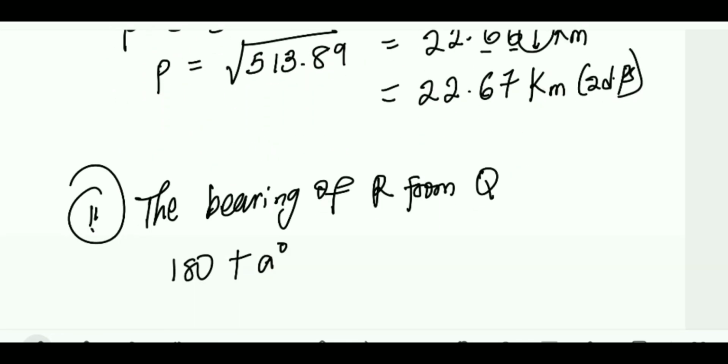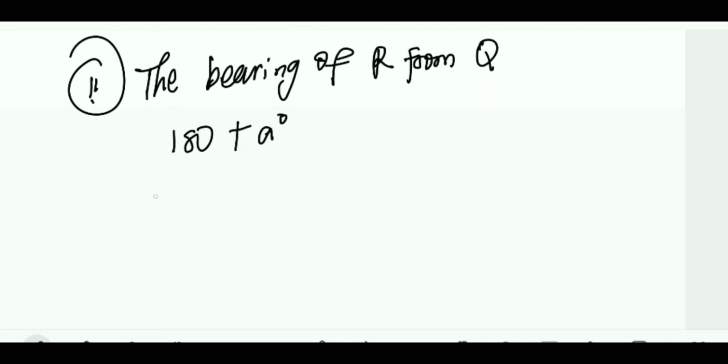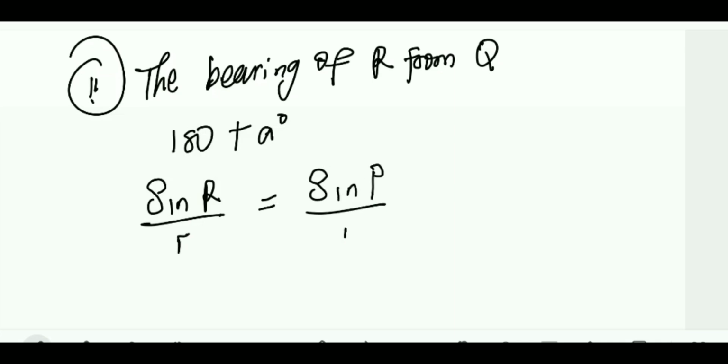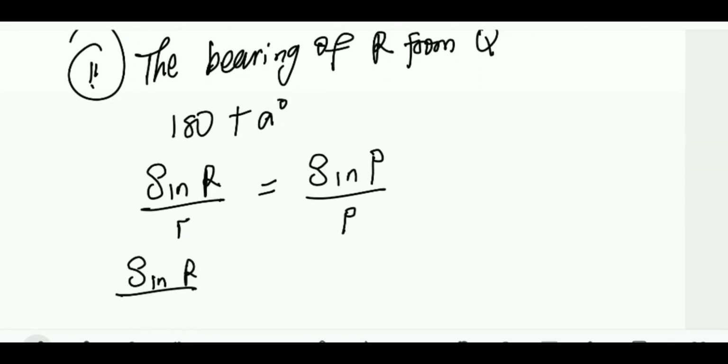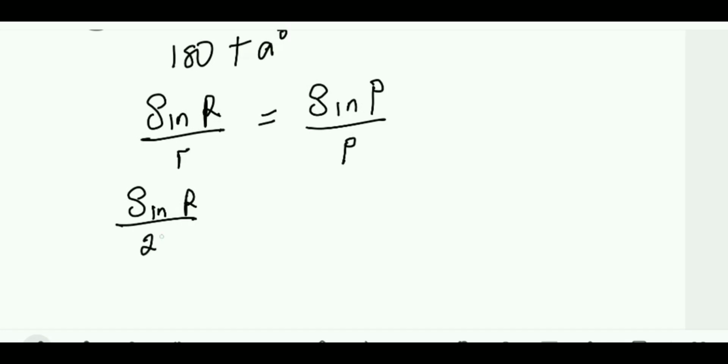That is, sine R over the opposite side small r will be equal to sine P over small p. So I have sine R over small r, that should be 24 kilometers, so this is 24 equals sine P, that's 45, over 22.67.